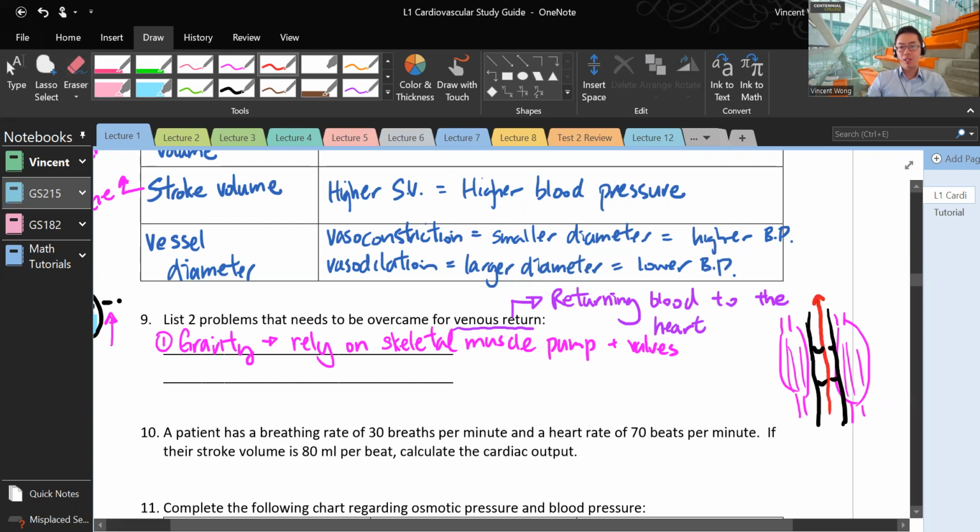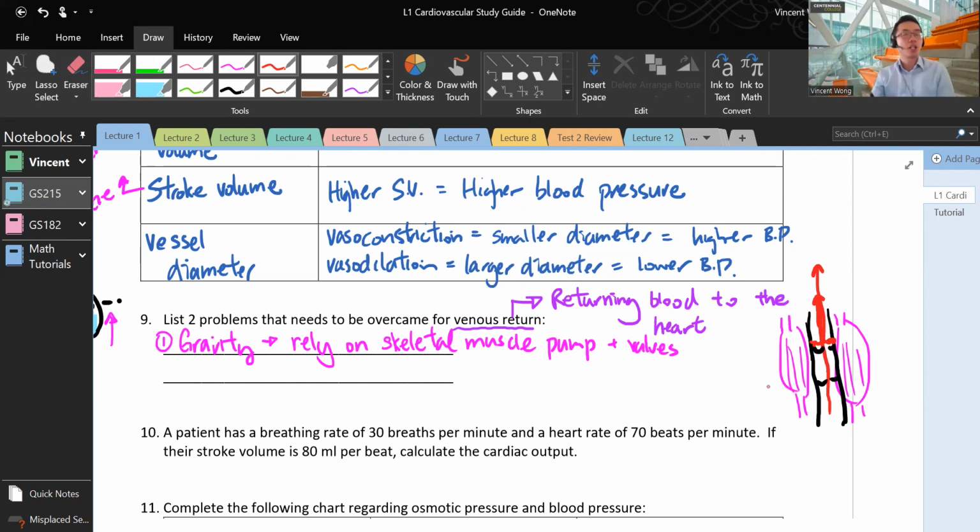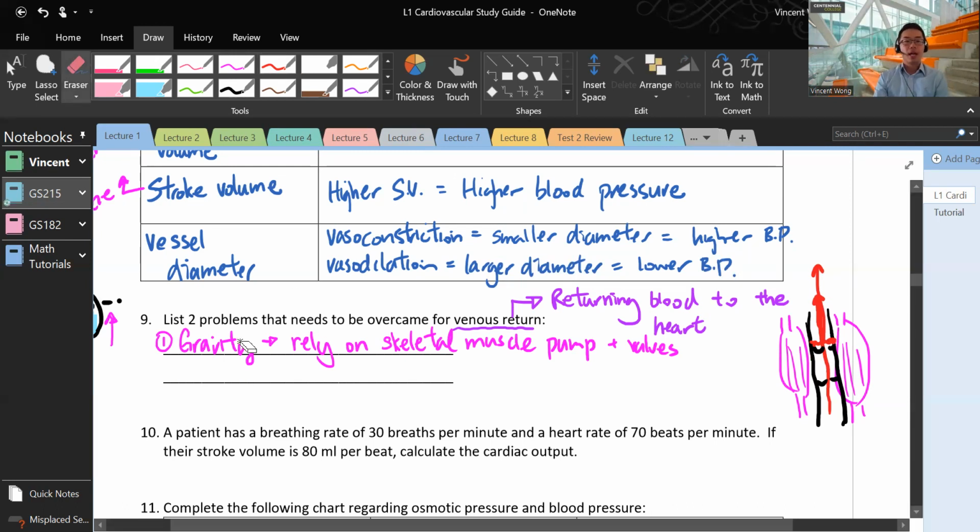And then when you relax, the blood goes down, but it doesn't go all the way back down because the valves will catch some of it. So next time you contract again, instead of starting all the way from the bottom, you will start from this point and then go up. So, you know, slowly but surely, the blood is going to be returning to the heart. Okay? So that's the first problem, and that's how we overcome that problem. What's the second problem for venous return? Anyone?